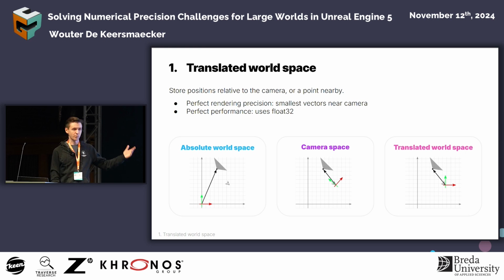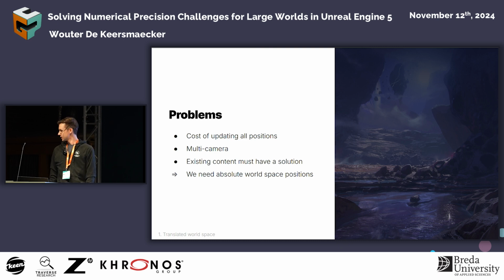And because things are camera relative, you get the smallest vectors near the camera, and therefore you get very good precision where you need it. And in terms of performance, well, we just use floats like we did before, so that's pretty good. So is the problem solved? No, it is not. That would be a very quick dinner that you could have had right there, but you're not done yet.